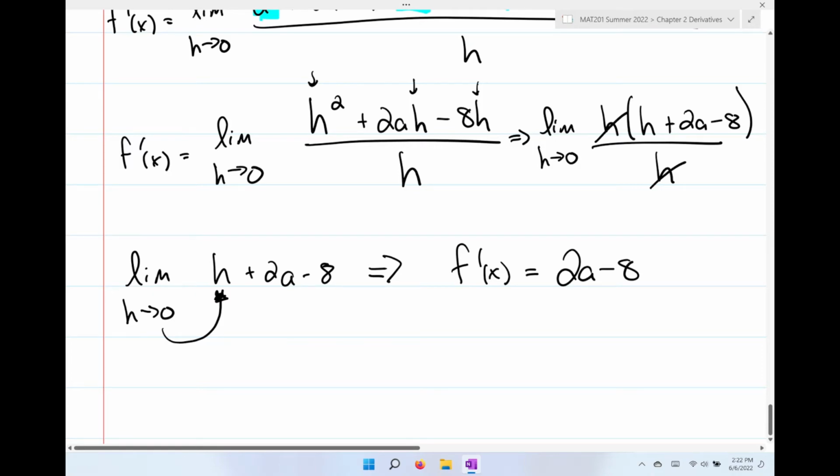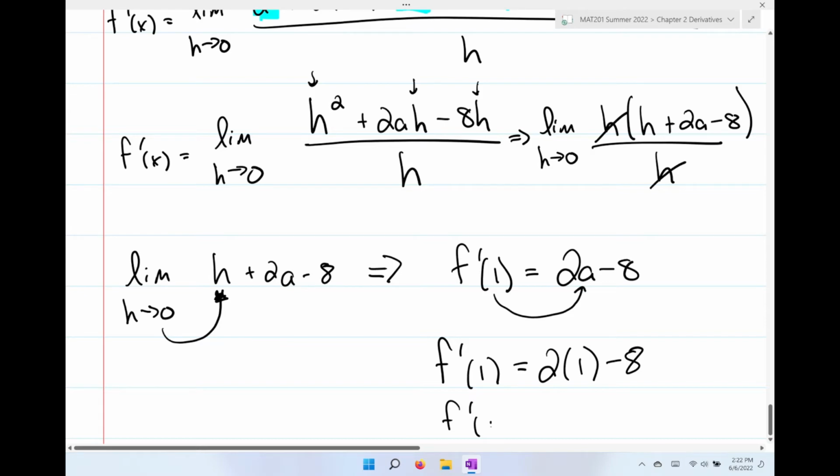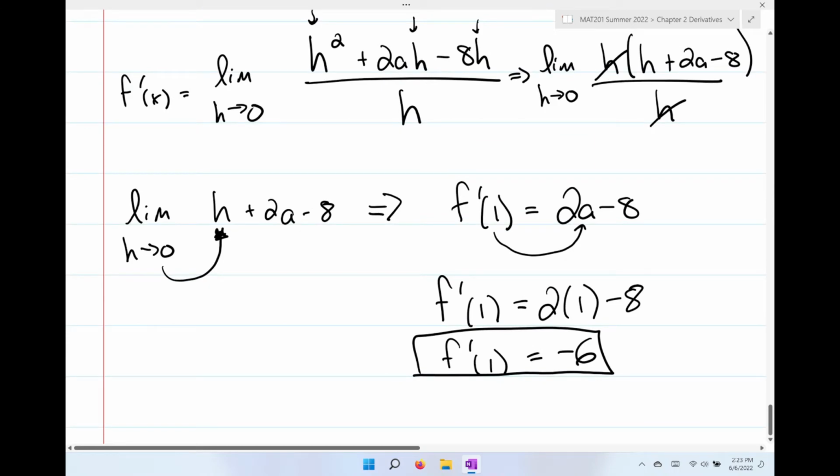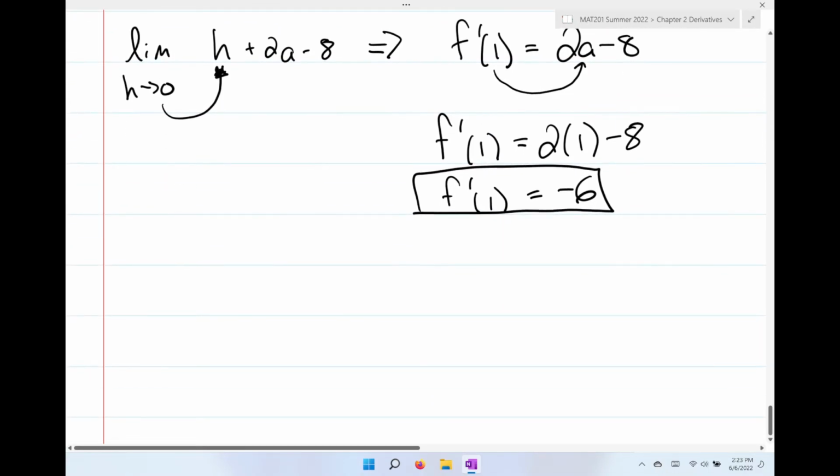Now we need to evaluate this. We know the x value of our point is 1. So I'm going to make my substitution: f prime of 1 equals 2 times 1 minus 8, which is negative 6. You got your point, 1 comma 2, and your derivative evaluated at that x value, negative 6.